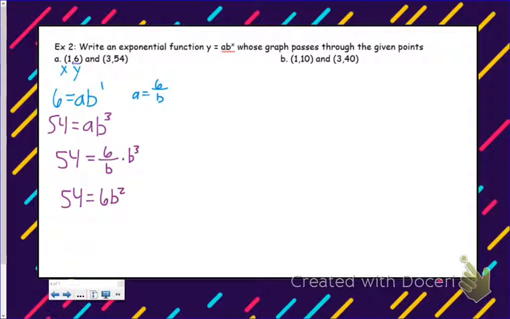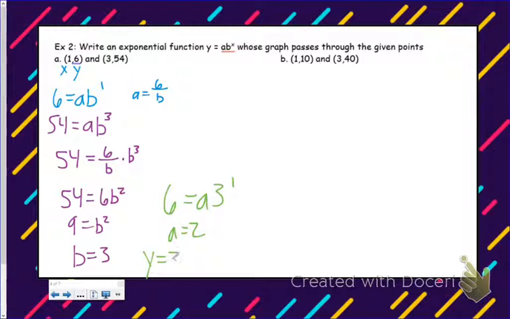And now to solve for b, I would just divide, and then I can square root. So I get that b is equal to 3. Once I know what b is, I can substitute that back into my original to solve for a. So I get that a is equal to 2. And now I can find that my equation would be, whoops, other way around, sorry about that, 2 times 3 to the x.